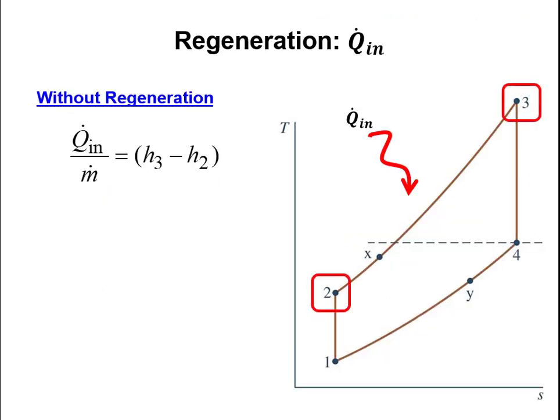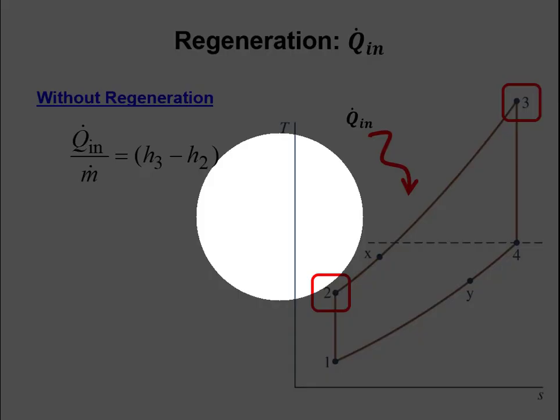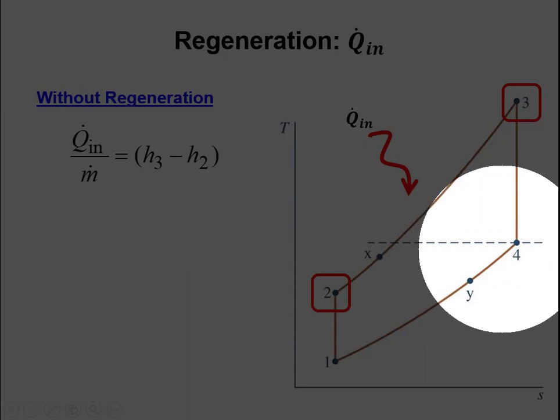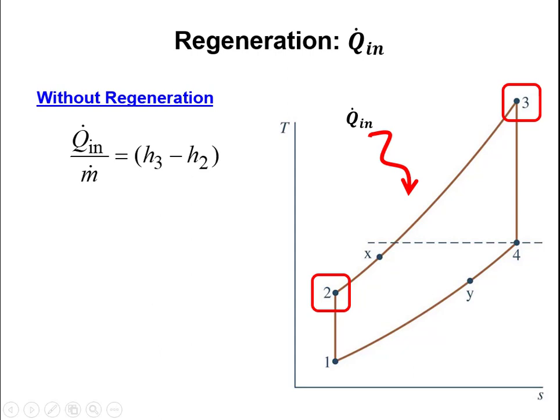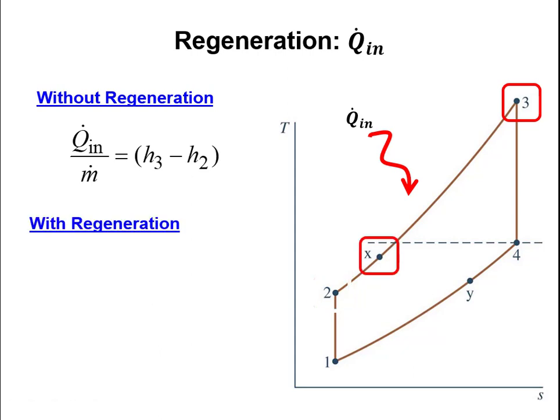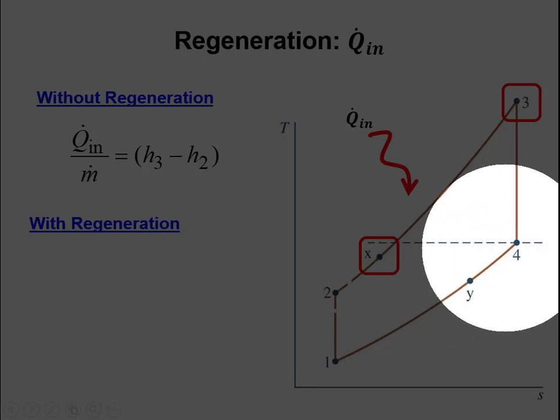So why do we do regeneration? Before regeneration, we would add heat all the way from state 2 to state 3. But then at state 4 over here, we're exhausting to the environment some temperature that's fairly high. But when we do regeneration, we take that exhaust gas from 4 in this case, right?